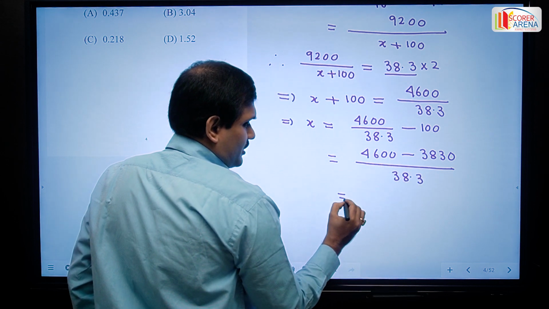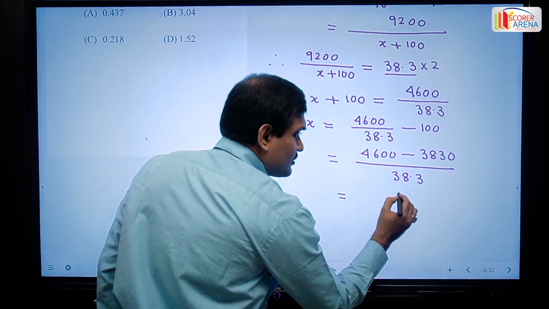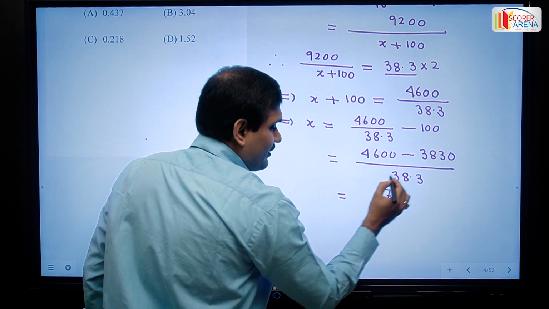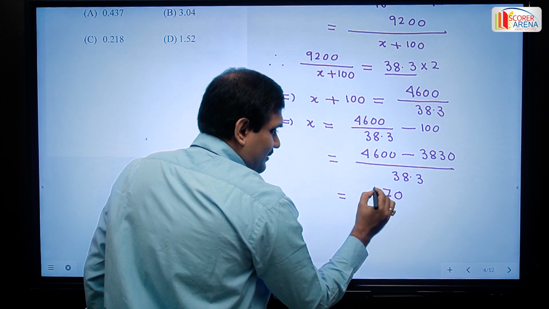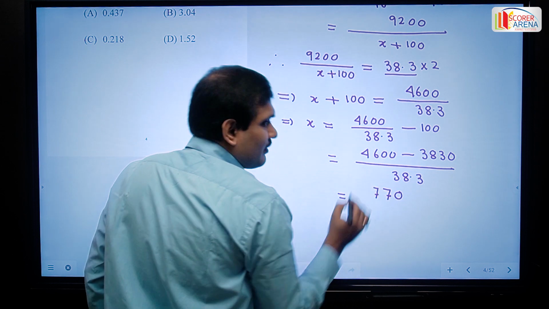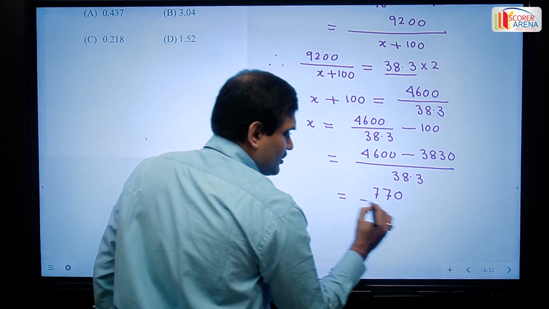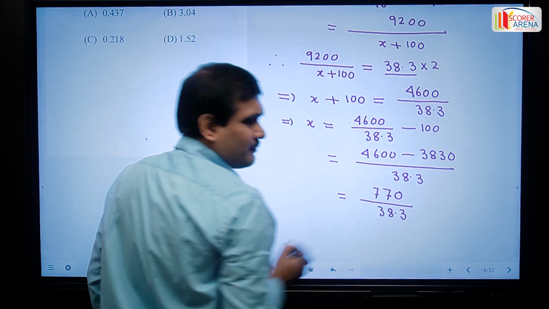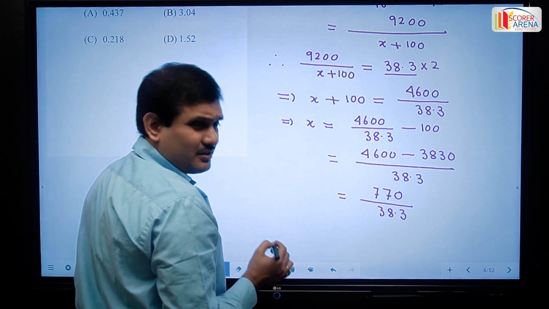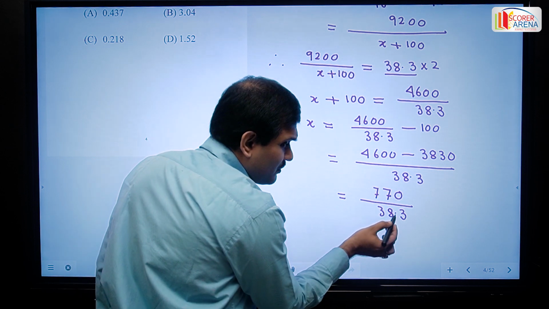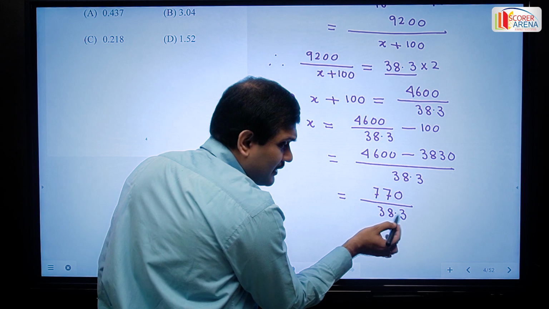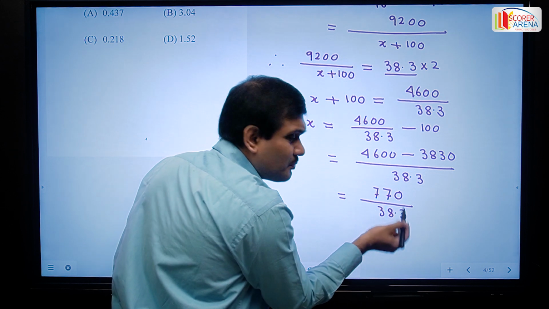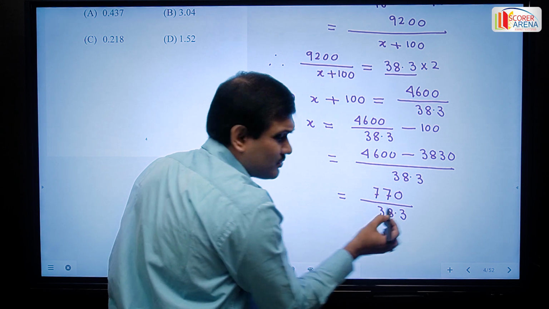If you just calculate this value, it is 770 by 38.3. It will be almost, if you multiply this by 2, you will have the value 76.6. So you can approximate it.